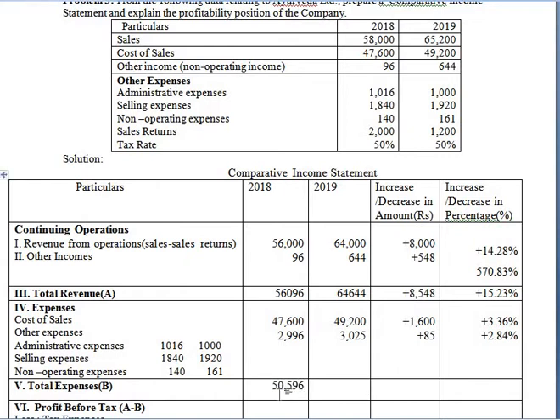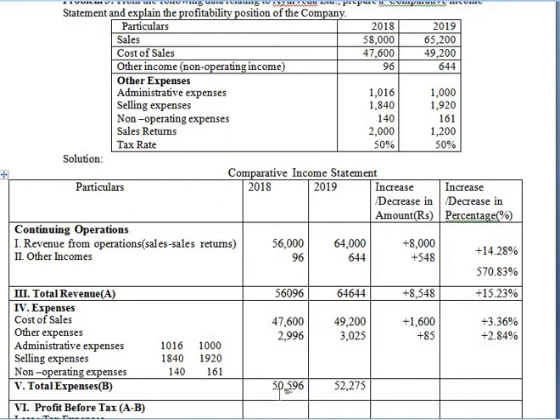Okay. Next one. For 2019, it is how much? 49,200 plus 3,025 rupees, which is equal to 52,275.